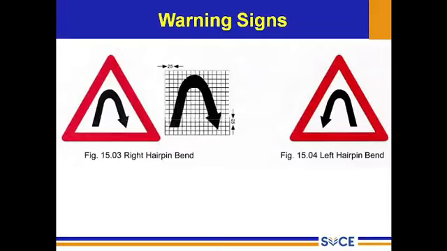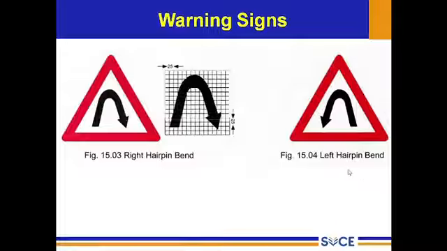Next, the hairpin bend. This signboard is installed showing the hairpin bend warning. It is giving a warning that there is a hairpin bend ahead. You reduce speed and be careful, as you need to take a curve to pass through a hairpin bend. So that is the meaning.